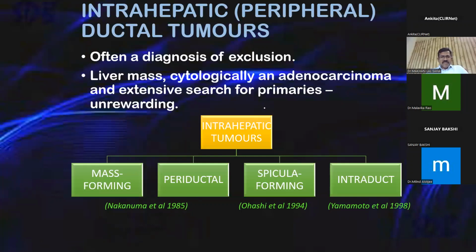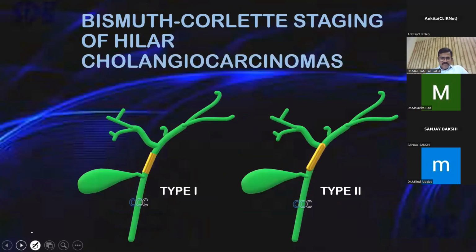It's often a diagnosis of exclusion: liver mass, cytologically adenocarcinoma, extensive search for primaries unrewarding. You have mass-forming, periductal infiltrating, and intraductal variants of these, which are intrahepatic. But you have something called the Bismuth-Corlette staging of hilar extrahepatic cholangiocarcinoma.